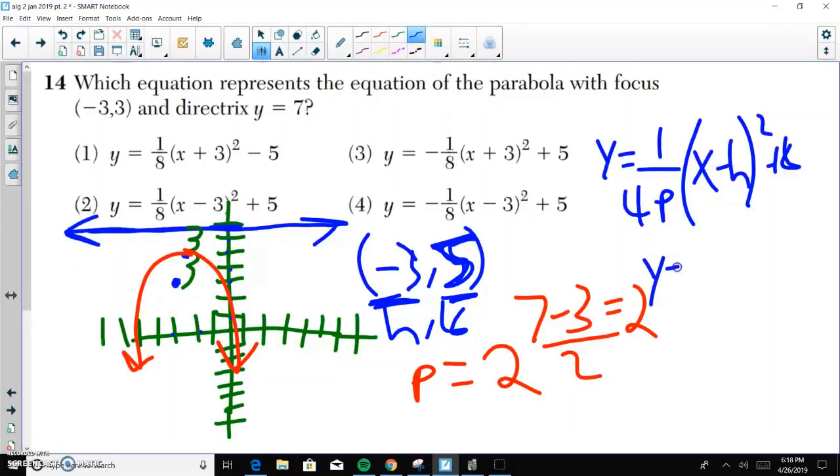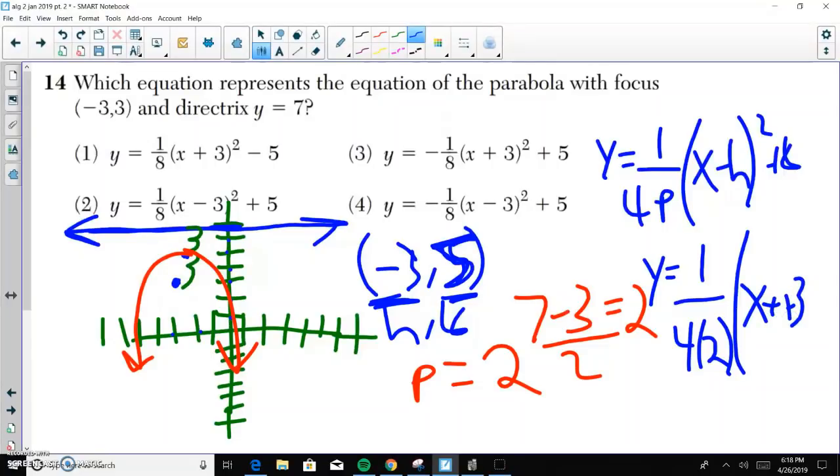So y equals 1 over 4 times 2, parentheses, x minus -3. A negative and a negative equals a positive, so x plus 3 squared plus k is 5.